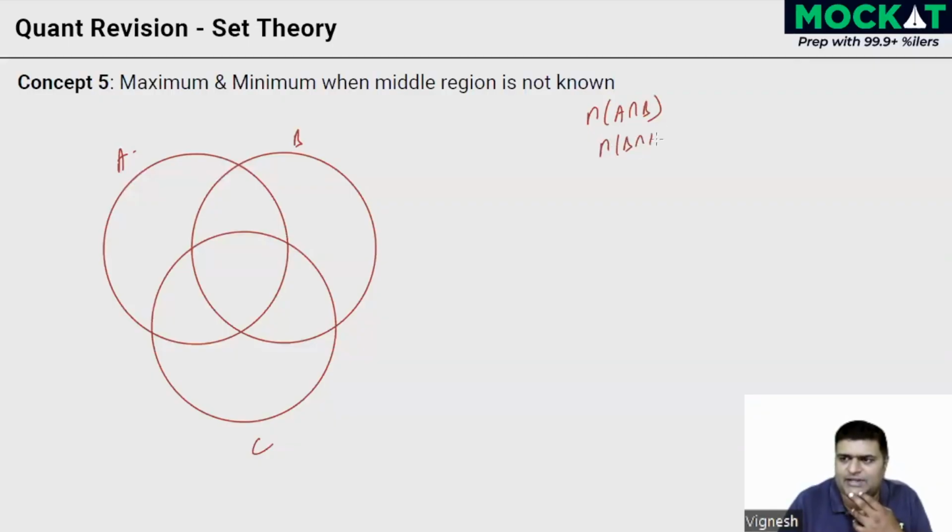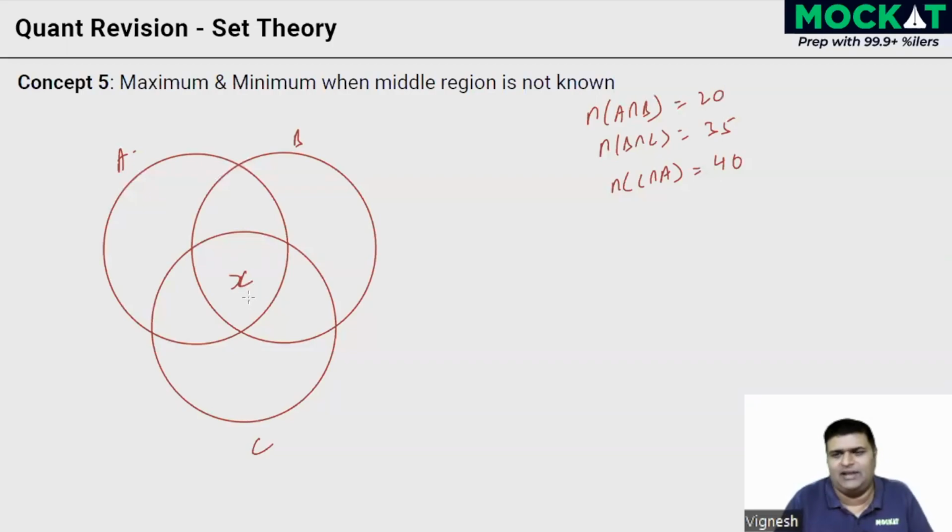N of B intersection C, this could be given in the question. C intersection A can be given in the question. Let's take them to be 20, 35, 40, right? So if that is the case, the middle region is not known, which is belonging to all 3 sets. Take that to be X.